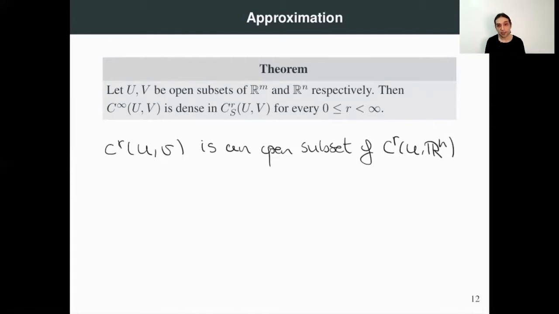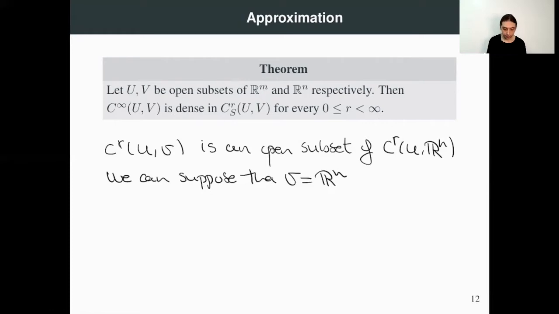And as a consequence, this, of course, is an open subset for the strong topology. This is not very difficult to check out. And as a consequence, we can suppose that B is equal to Rn, right? So we have differentiable maps between U and Rn.